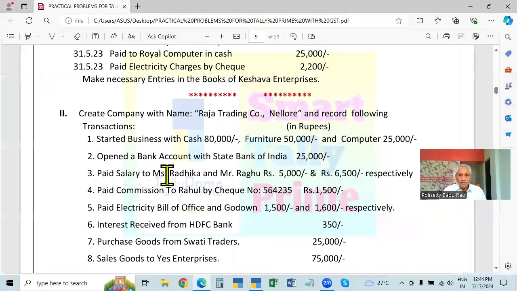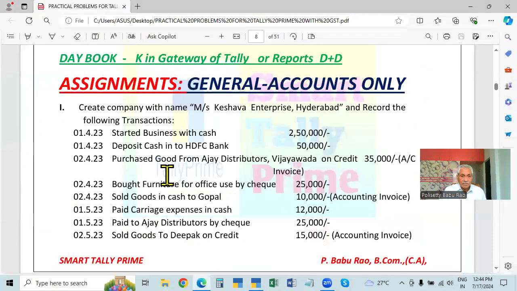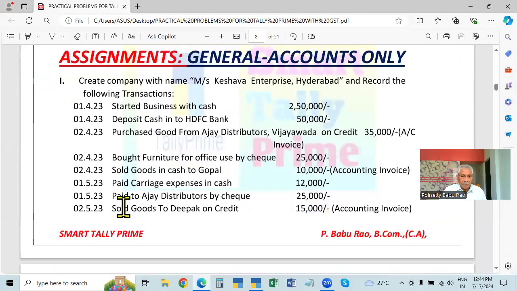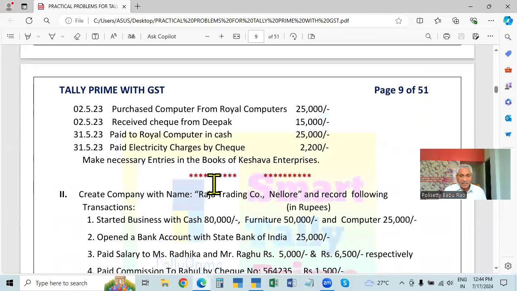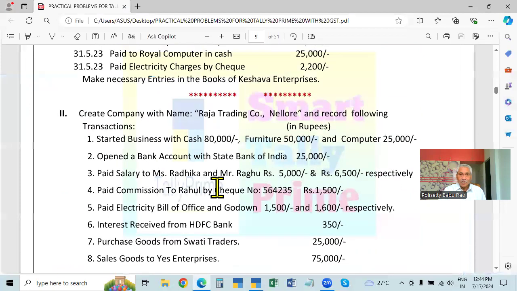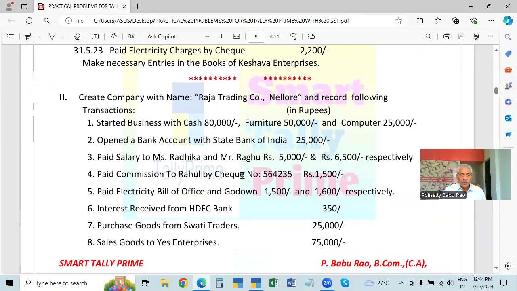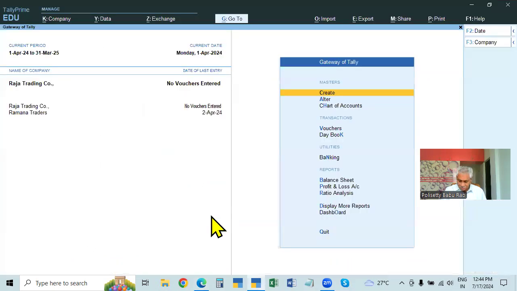Now we will go to the transactions here. For this, first component, 1st April, 2nd April, 1st May, 2nd May, and 31st May is also given. Here dates are not given. So what I do is I will also take May, because in April we have made some entries here.